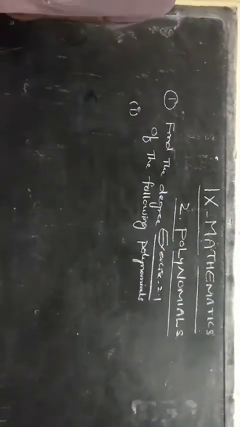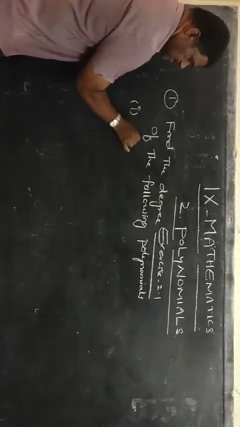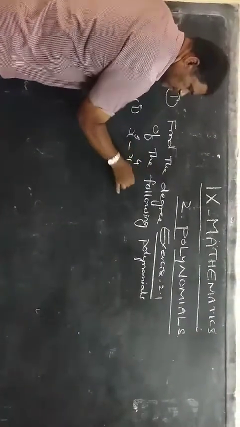First one, x to the power 5 minus x to the power 4 plus 3.